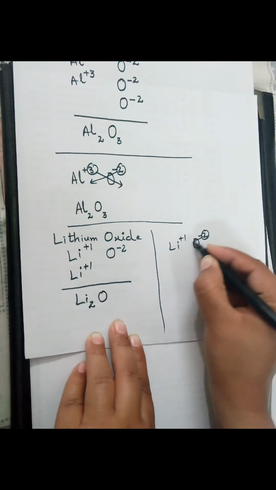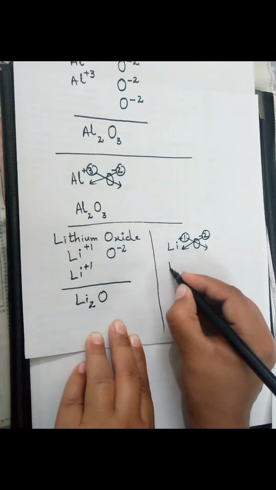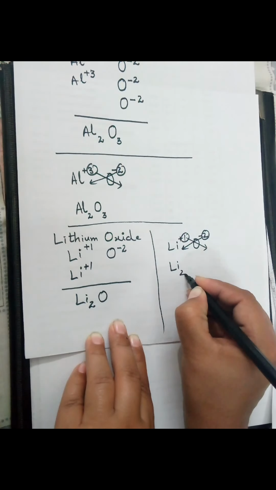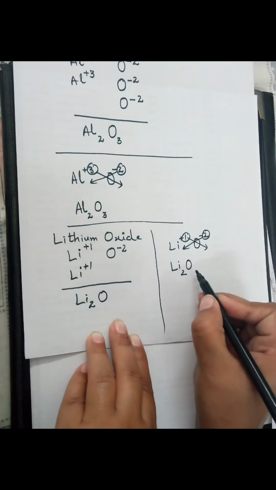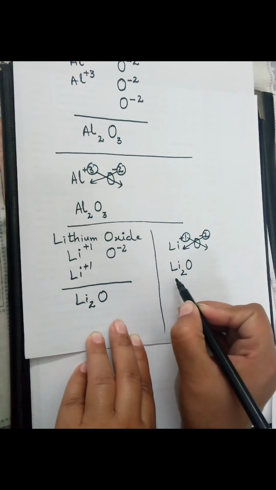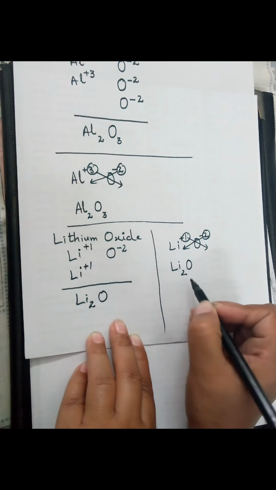Now interchange these numbers. Li2O1. I will not write the 1. Okay, the formula of lithium oxide is Li2O.